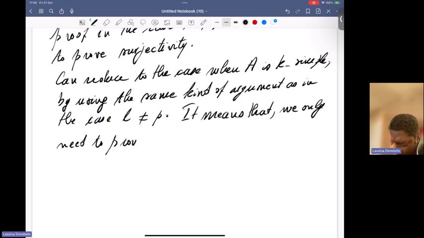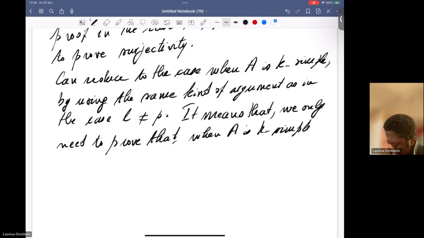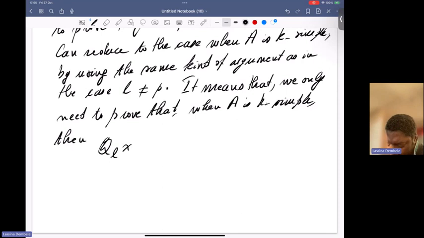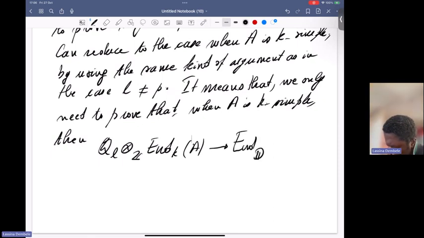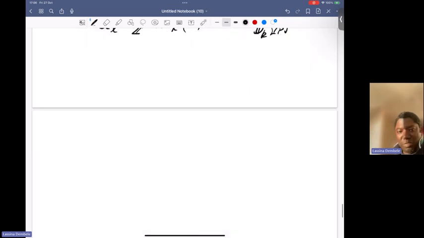So what we need to prove is the following. When A is k-simple, if we take Q_p and tensor over Z with the endomorphism ring of A, and we look at the map that goes into End of the Dieudonné module, all we have to show is that this is surjective.